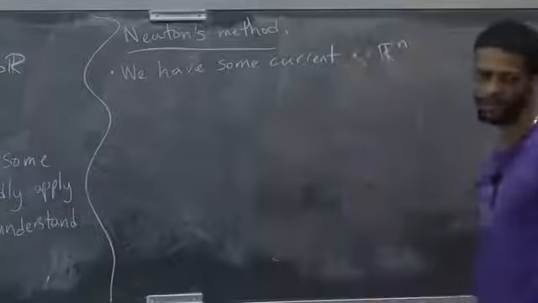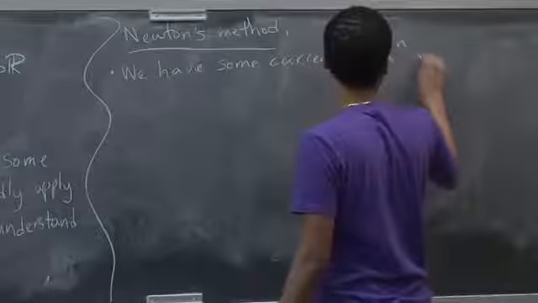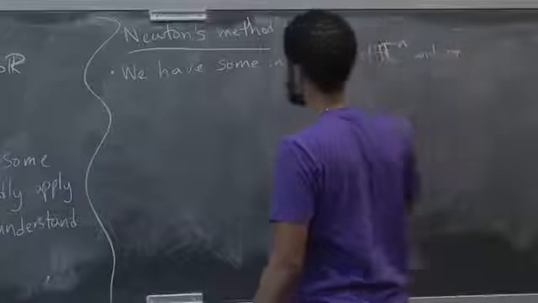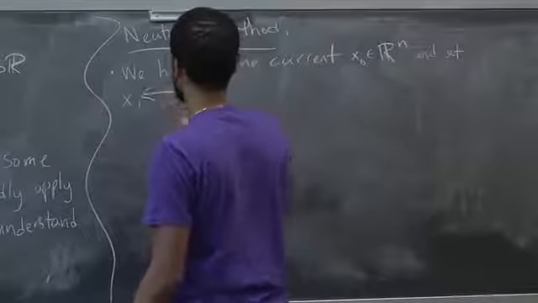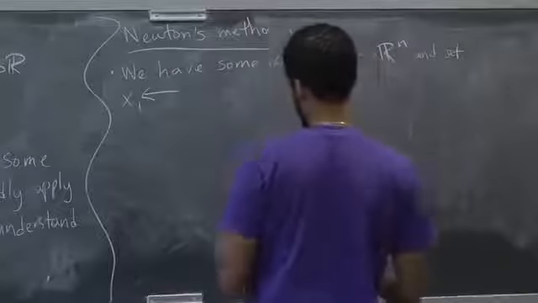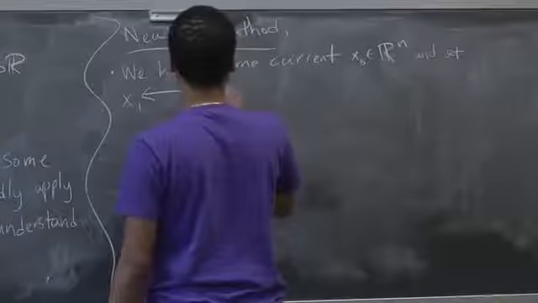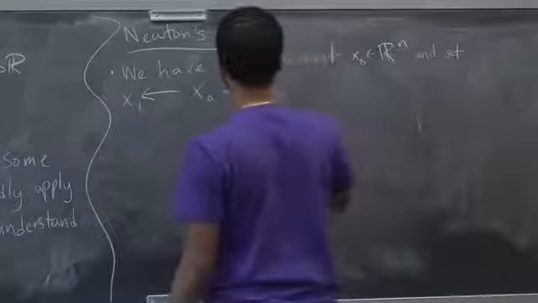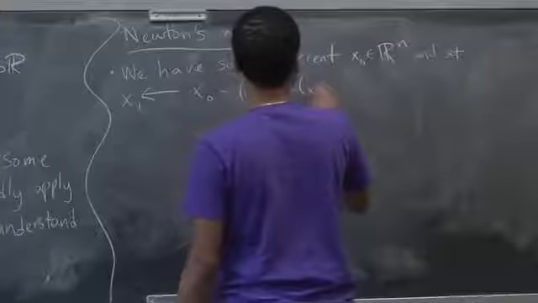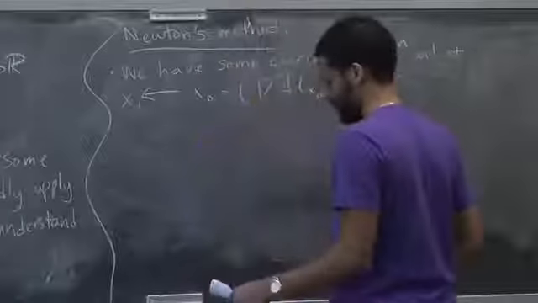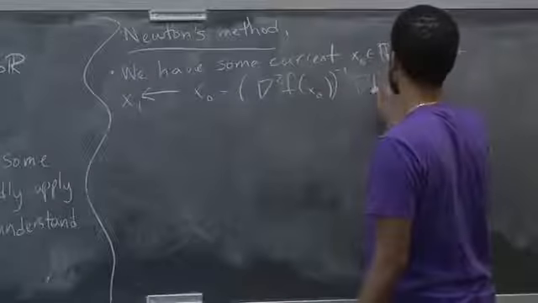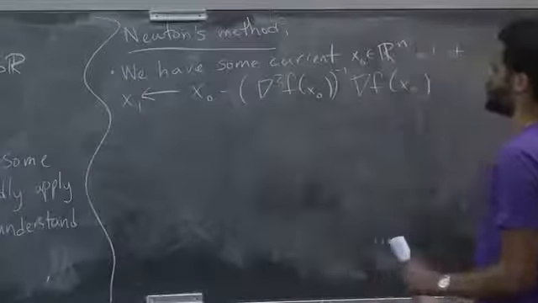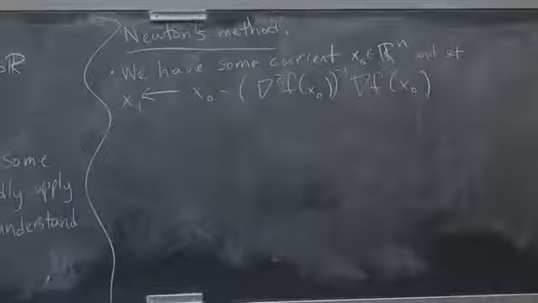Okay, and what's the update rule? And so we set x1 to be x0 minus the Hessian inverse applied to the gradient of f at x0. Okay, so that's going to be the update rule that we're going to analyze.